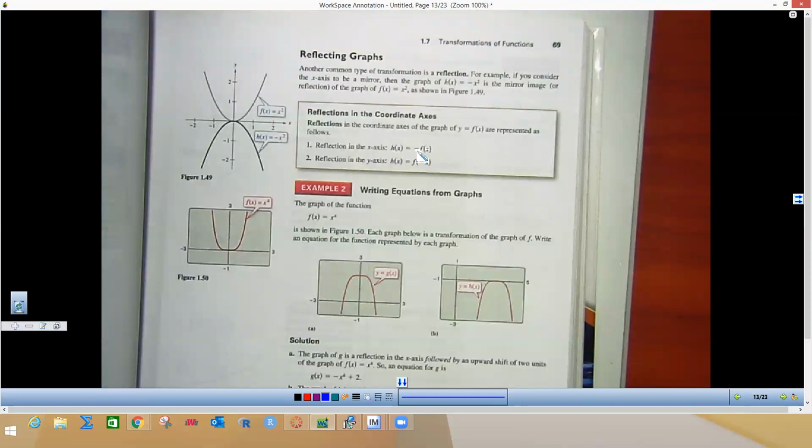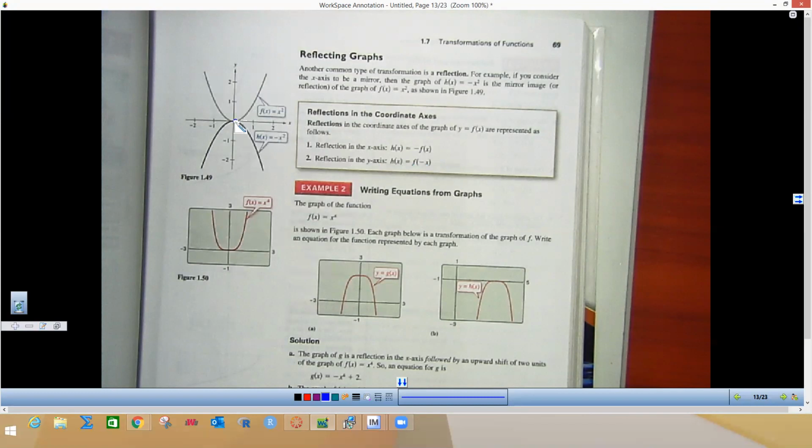Reflections happen this way. If you have a negative in front of the whole thing, this was the y value, now they're saying a negative y value, that flips it over the x-axis. That's called a reflection across the x-axis. So if you look at this graph right here that's opening up, this is again x squared, if you put a negative in front, it takes all the points and moves them down.